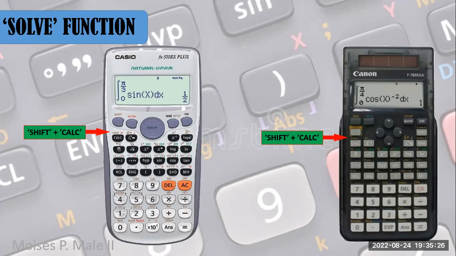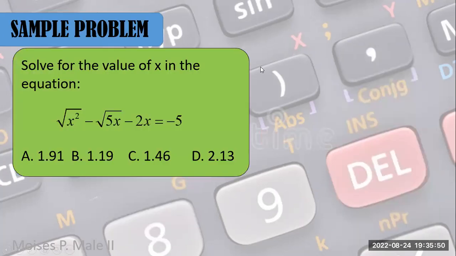So, ganun lang. Same din sa program ng calculators natin, yun yung pinapafollow niya na method or the iterations. So, basically, pare-pareho lang yung pagkalagay sa calculators ng CANON at sa Casio. Okay? So, let's try this.